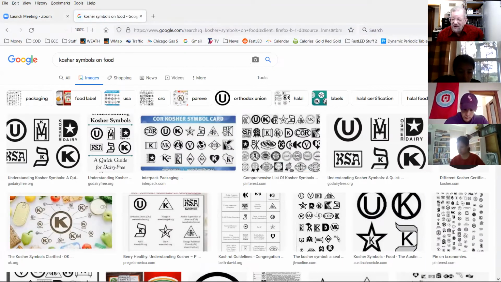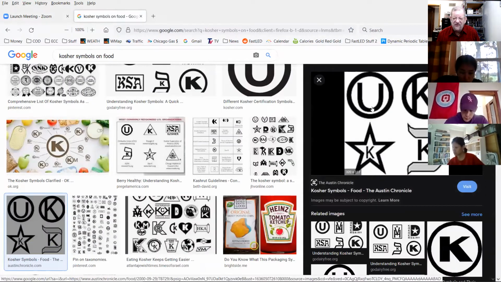All right, everybody see a bunch of different symbols on your screen now? Thank you. Now, if we look over here, let me see if I can pull this. See the circle U? That's the most widely used certification in the United States. Different parts of the United States have others, but circle U, Union of Orthodox Rabbis.